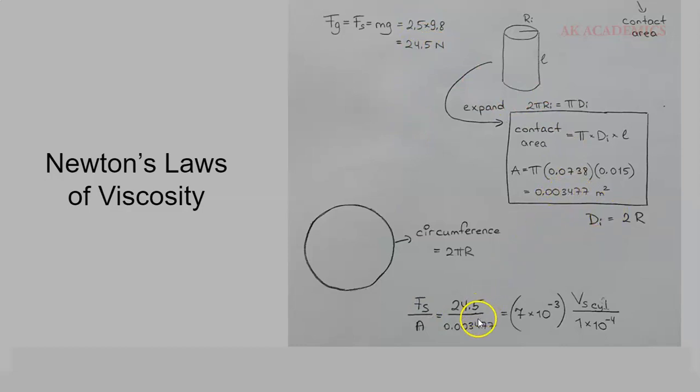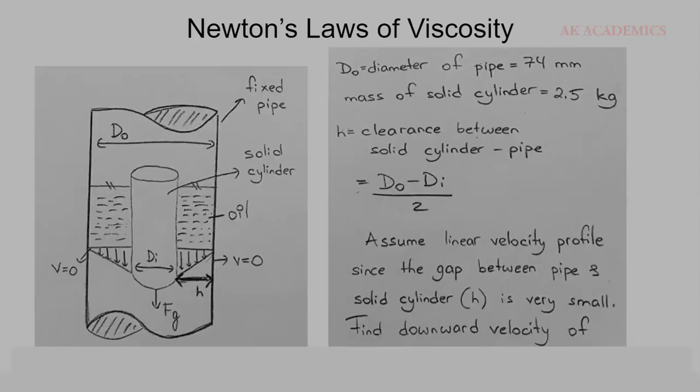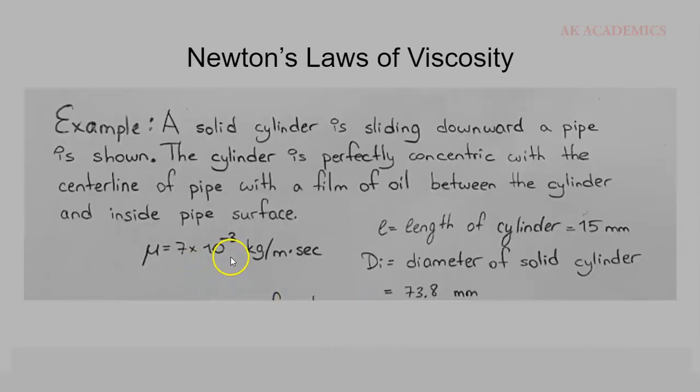You put those here, and that would be equal to, don't forget that we also said that our shear stress is equal to viscosity multiplied by the velocity of the cylinder divided by the height. Okay, and we do know that our viscosity was given in the question as 7 times 10 raised to the minus 3 kilogram per meter per second.